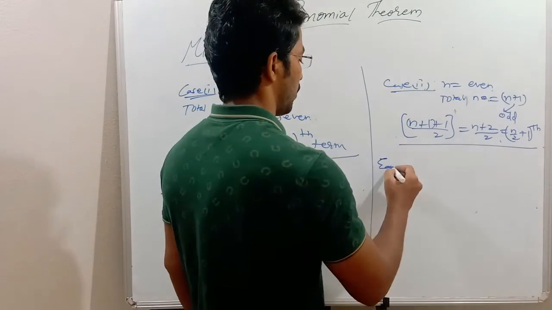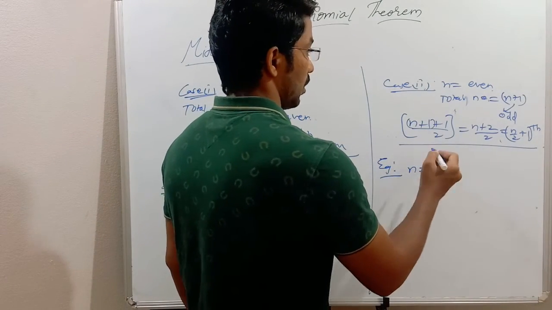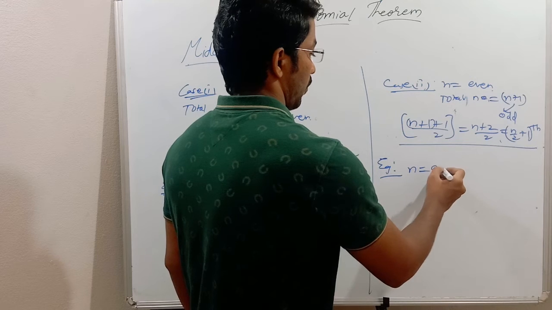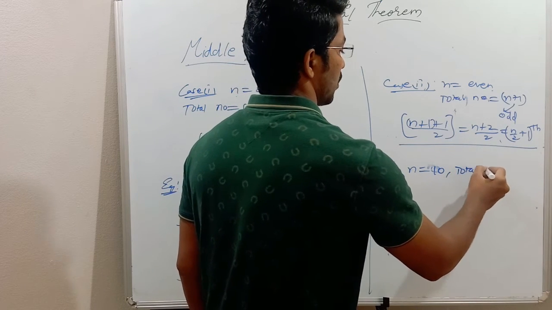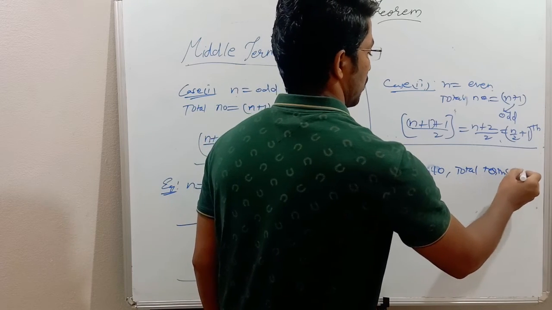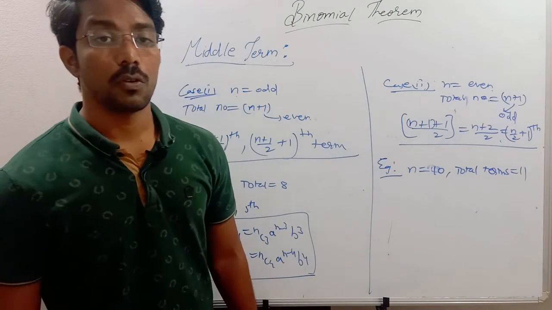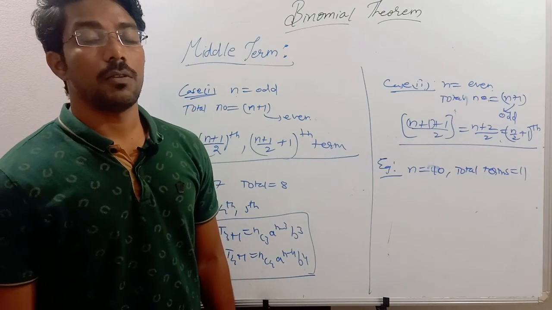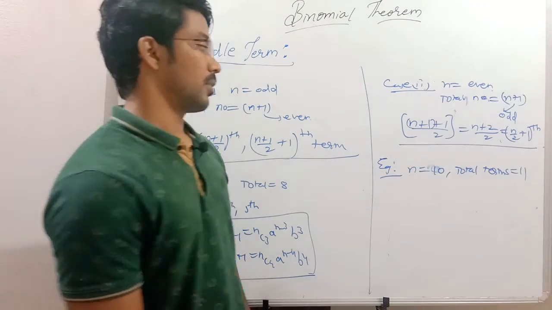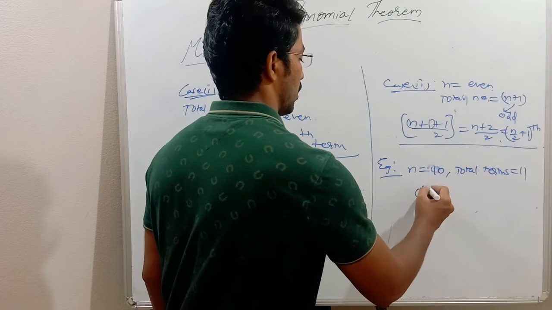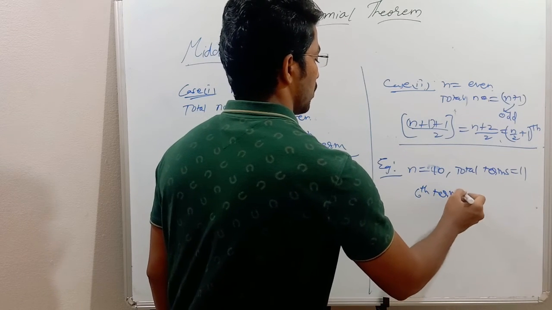For example, when n is 10, the total terms will be 11. What is the middle term when the total terms are 11? The 6th term will be the middle term.